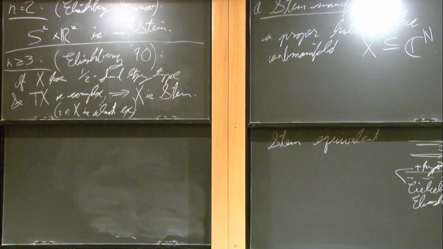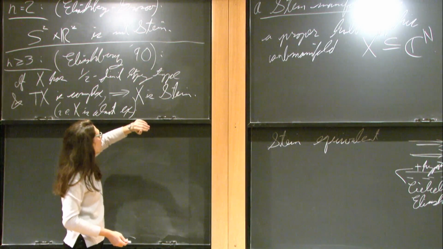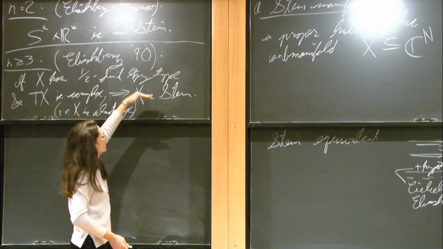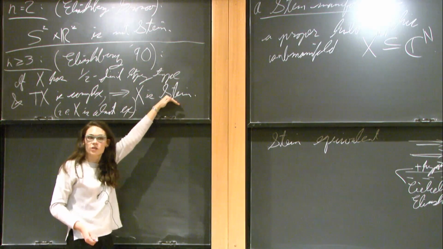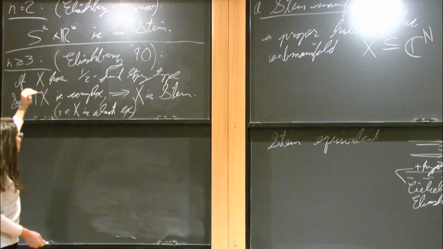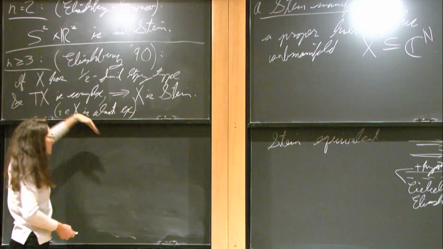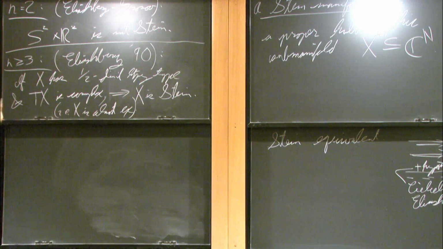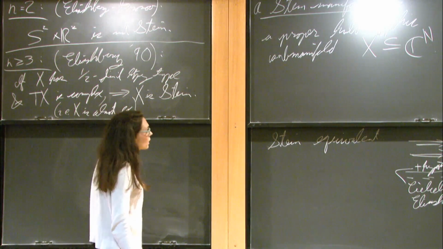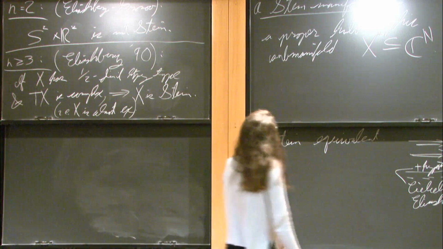Certainly that's necessary, and also in this result, the complex structure induced from the Stein structure is homotopic to this almost complex structure, among almost complex structures. Okay.